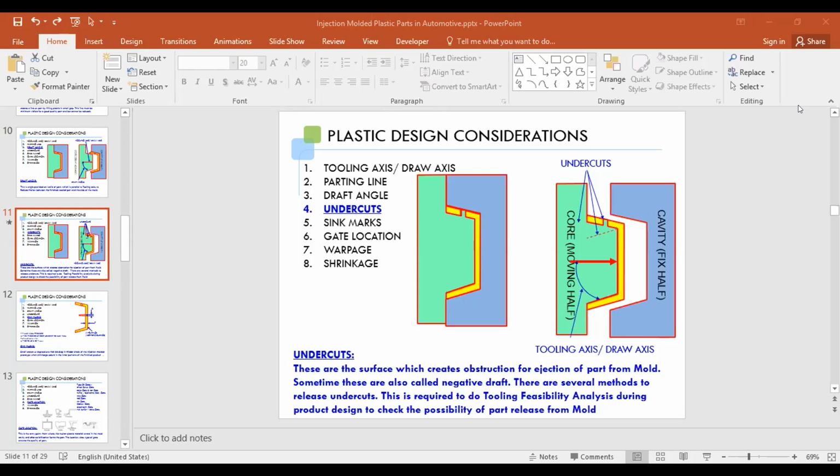Side core is the general term, but the specific words are lifters and sliders. If it is on the external side, it is called a slider. And if it is constructed this way on the internal side of the part, it is called a lifter.